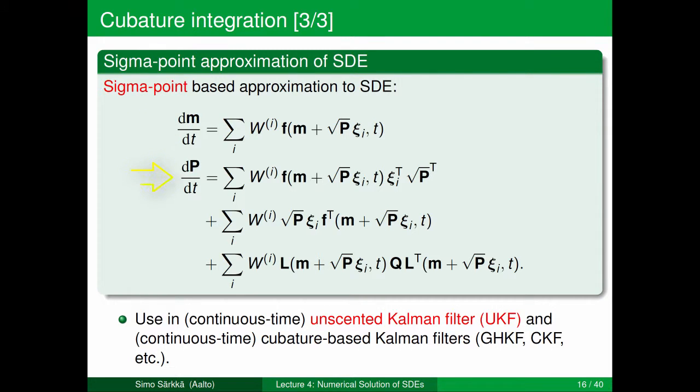And the time derivative of the covariance P is equal to three summations, which correspond to numerical integrations of the corresponding terms on the right-hand side of the equation. This kind of rule is also used in continuous-time versions of the unscented Kalman filter, as well as in continuous-time versions of the cubature-based Kalman filters, which are also called Gauss-Hermite Kalman filters, cubature Kalman filters, and many other names.